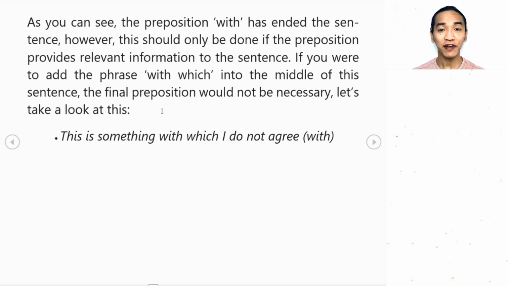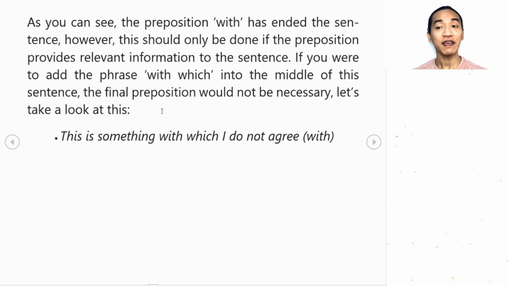However, this should only be done if the preposition provides relevant information to the sentence. Which means, by having that preposition, it actually shows an important relationship in some parts of your sentence.